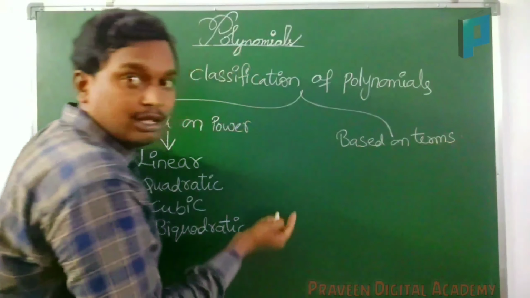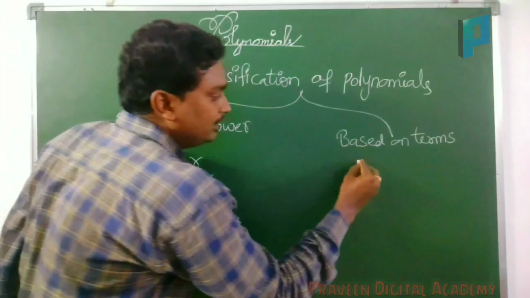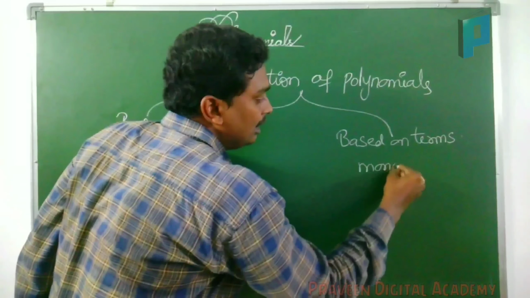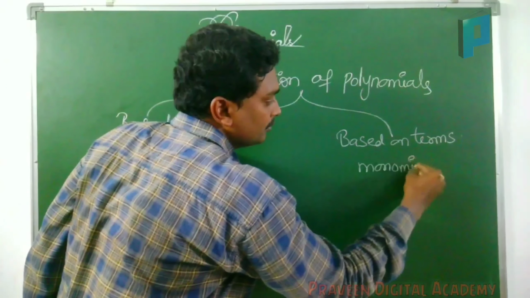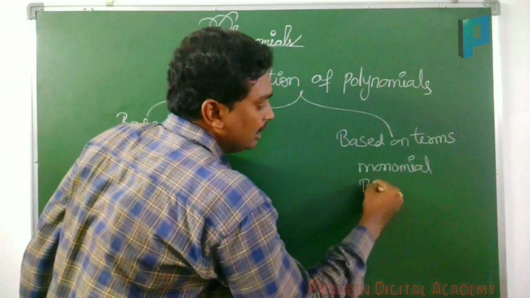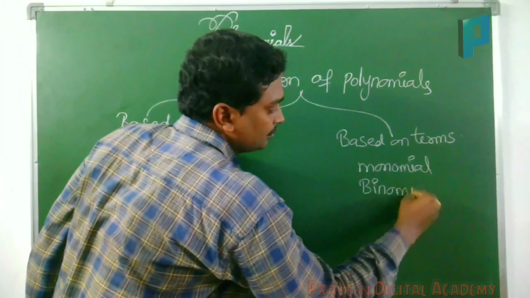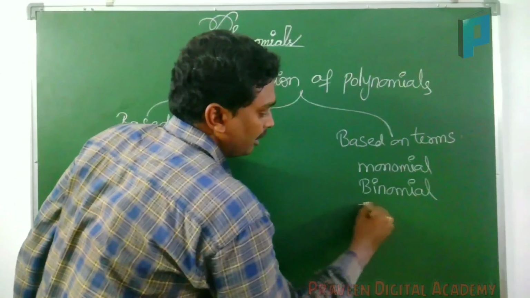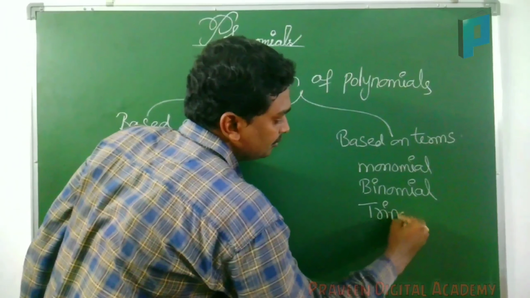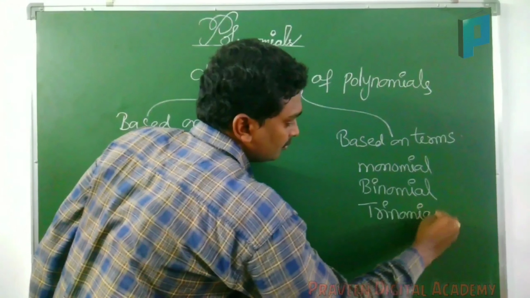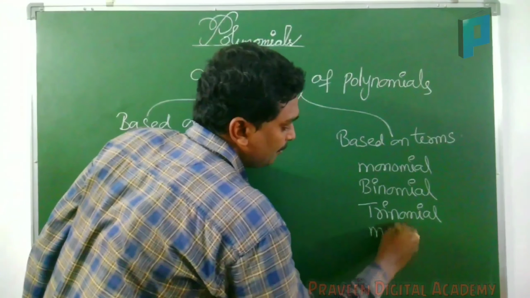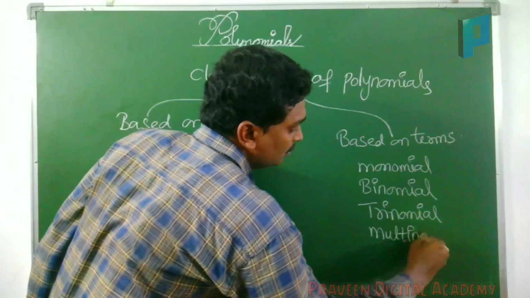Based on terms, polynomials are classified into monomial, binomial, trinomial, and multinomial.